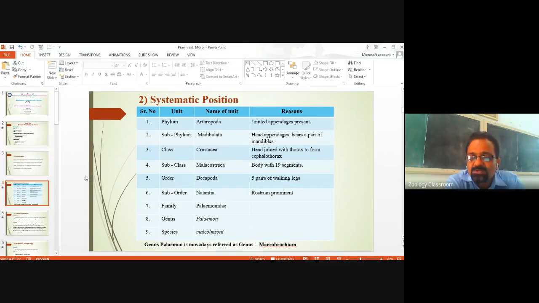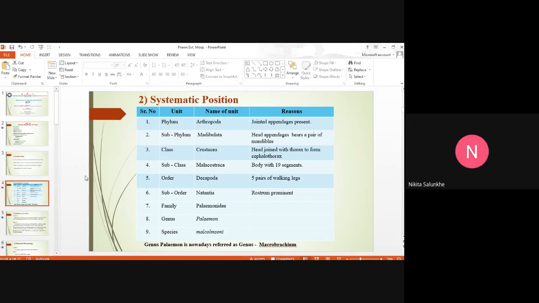What other mouth parts are present in the cockroach which you have already studied? Maxilla.